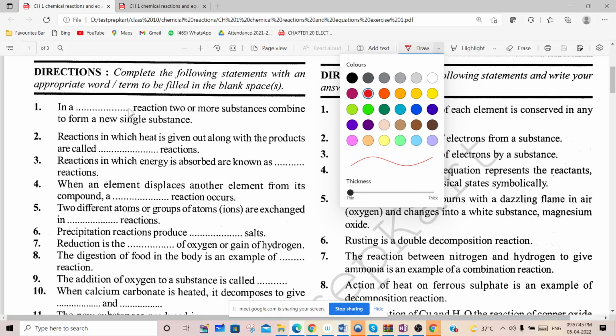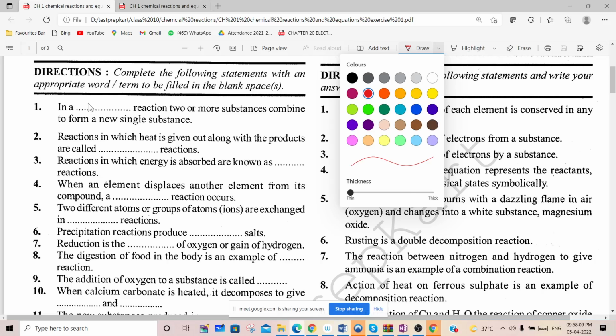Okay, now part 1. Tell me, fill in the blanks part 1. You tell me now. The combination reaction.